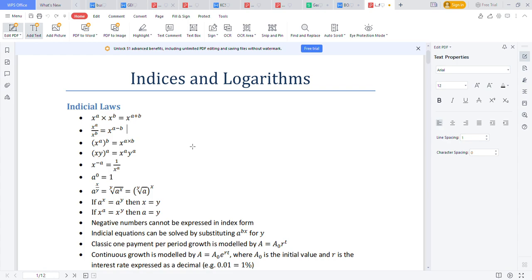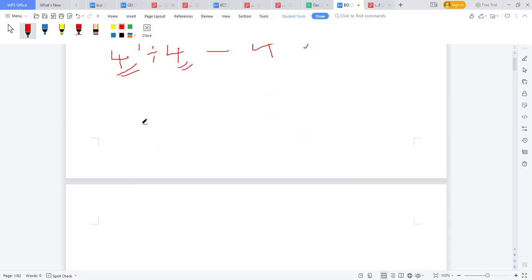So law 3 is this. You have x raised to power a, then all of that is raised to power b. Then we are going to simply multiply the powers. What do I mean with that? So you have a raised to power m, then all of this one here is raised to power n.